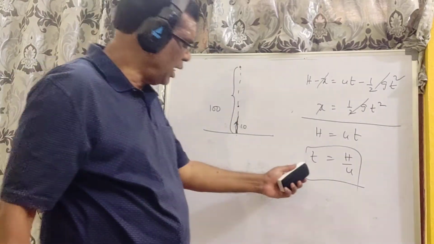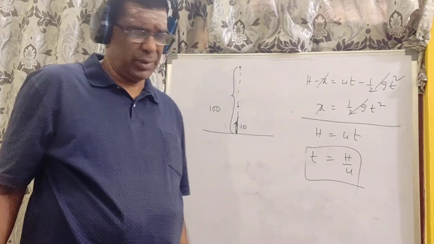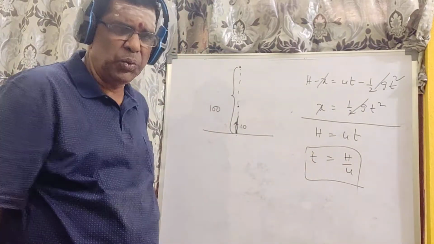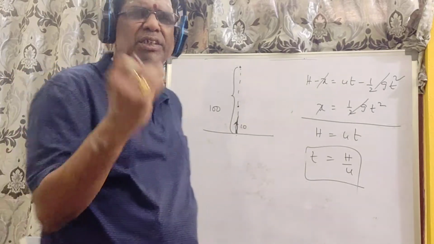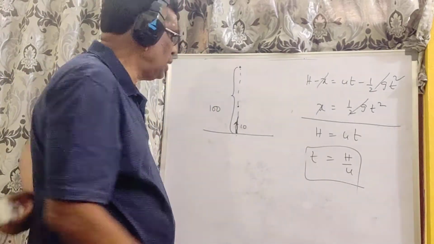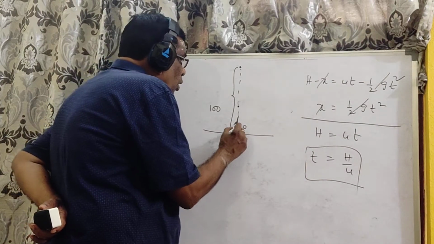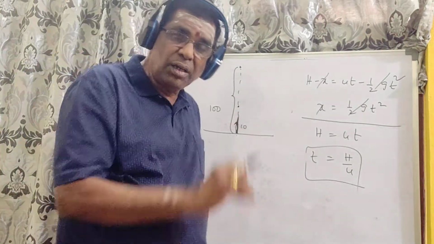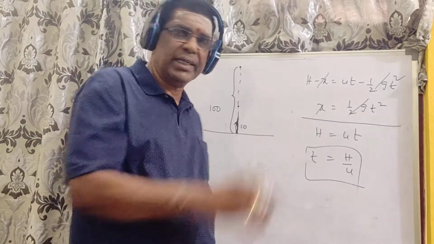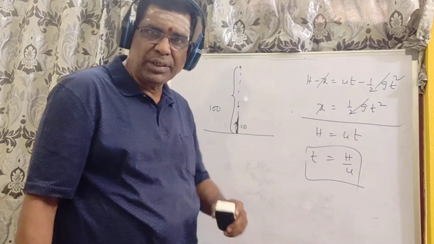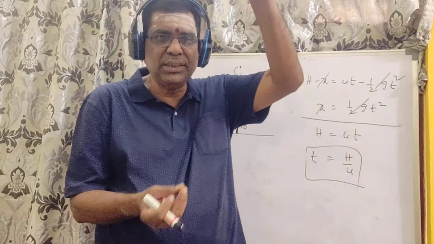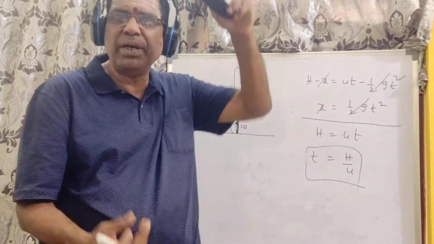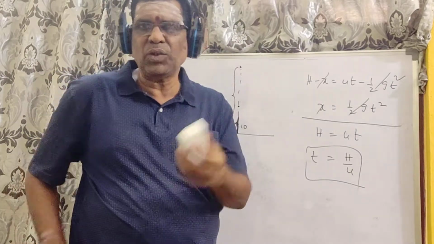What do you mean? What is the time of meeting, h by u? If h by u, let us say, is 2 seconds, that means this body to go up and come down, it should not come down before 2 seconds. You get my point? If 2 seconds is the time they meet, and I don't want this body to go up and come back in 1 second, then these two cannot meet.